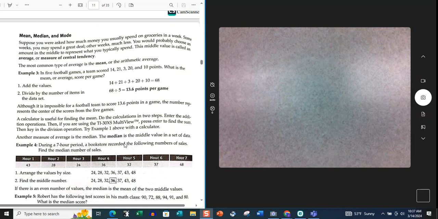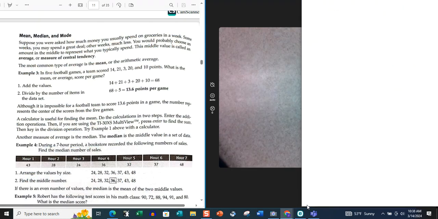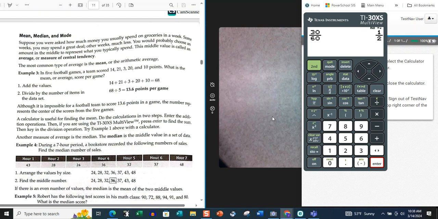Now I'm going to alter this a little bit because they added in extra work that you don't need to do with this calculator, and this is the calculator that we're promoting. We know division is really a fraction, so what we would do is put this in as a fraction. We'll hit N over D, and we can type in all of these values.